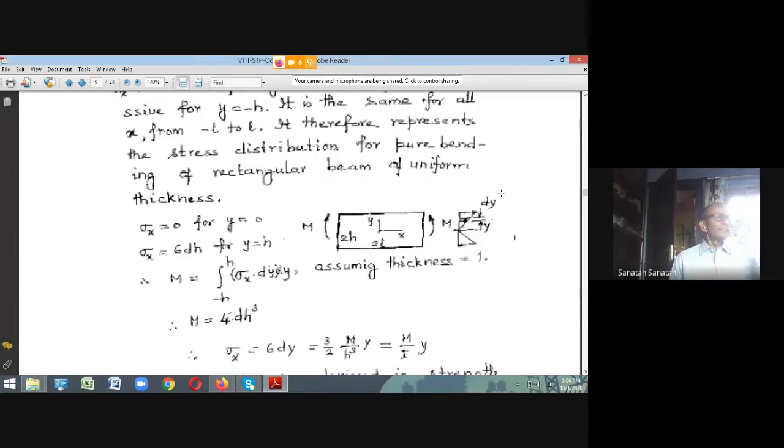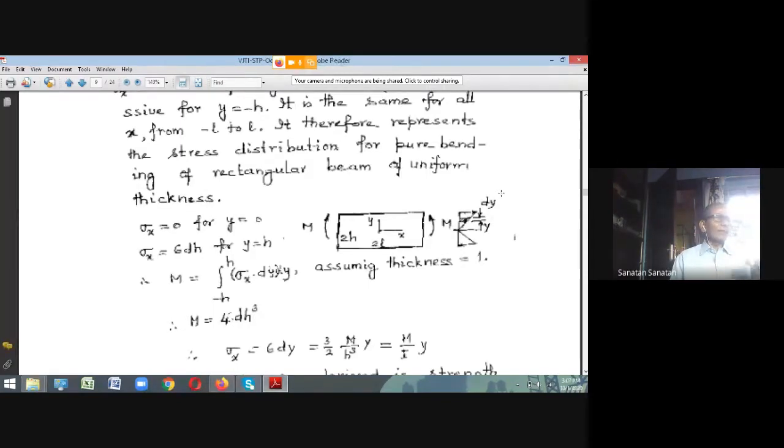If those constants make the equilibrium equation satisfied, the fact remains that stresses are ultimately going to be given in terms of those constants. The equilibrium equations will be satisfied provided you get delta sigma x by delta x plus delta tau xy by delta y equal to 0.